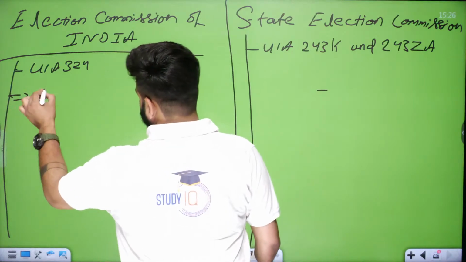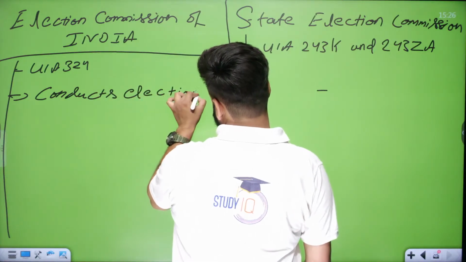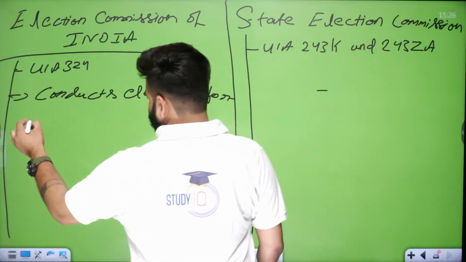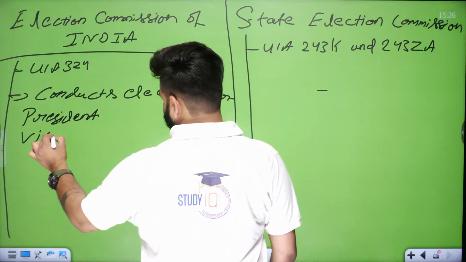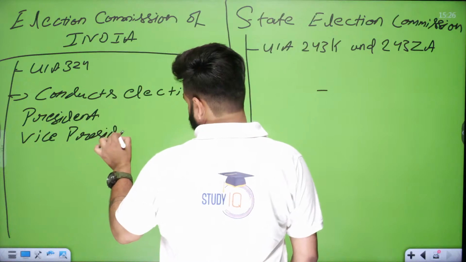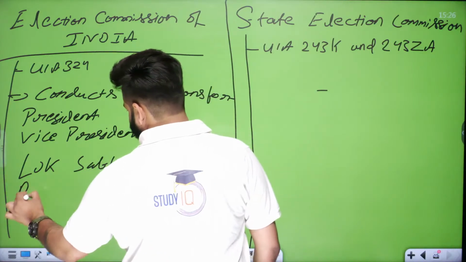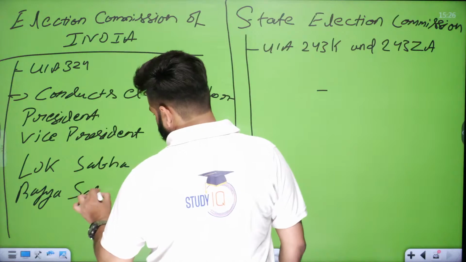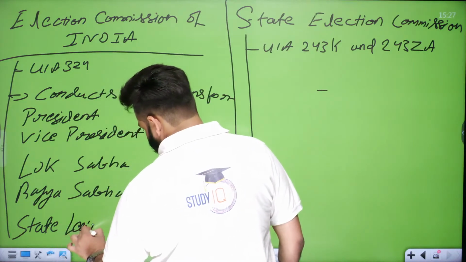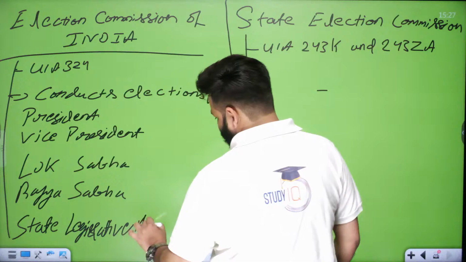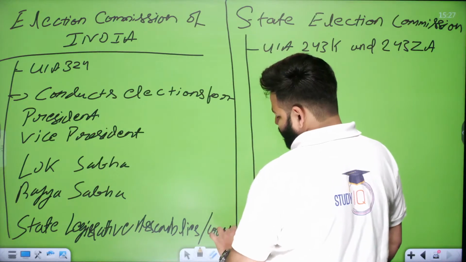The Election Commission of India conducts elections for the President, Vice President, Lok Sabha, Rajya Sabha and State Legislative Assemblies as well, and if the states also have councils, those too.